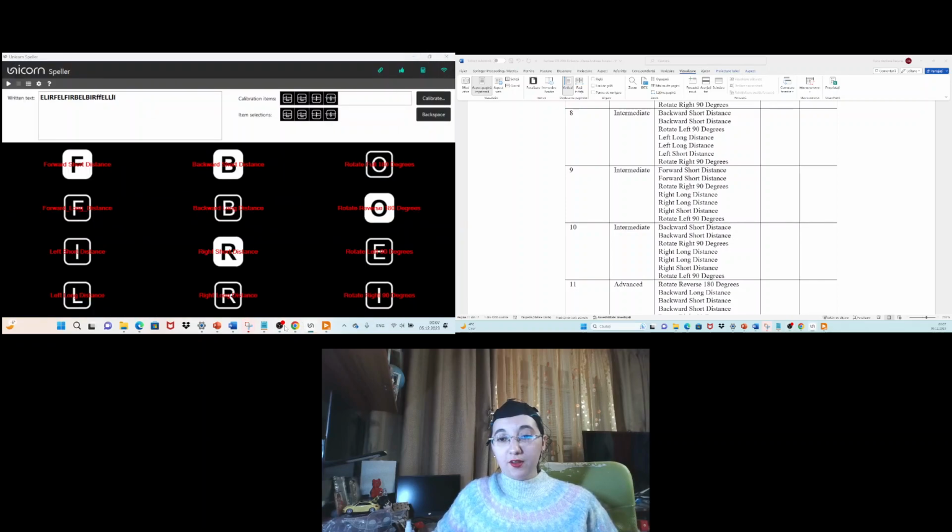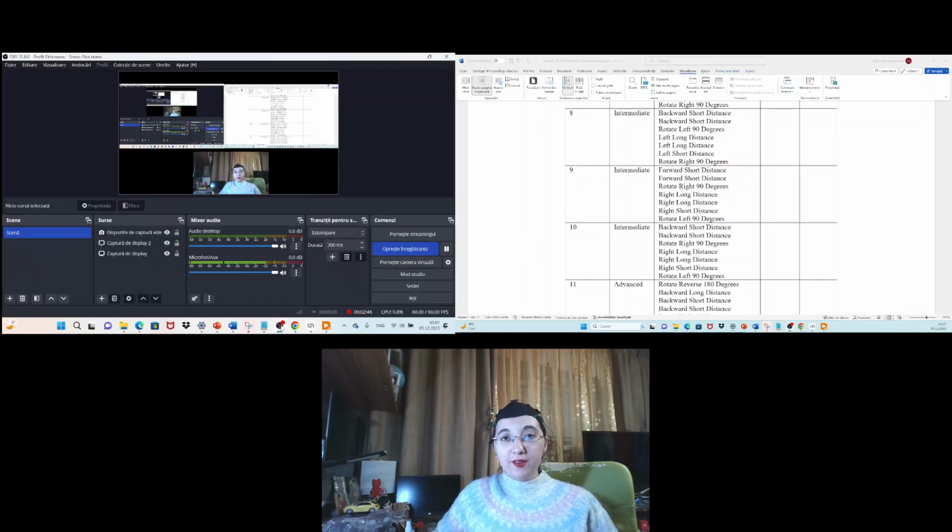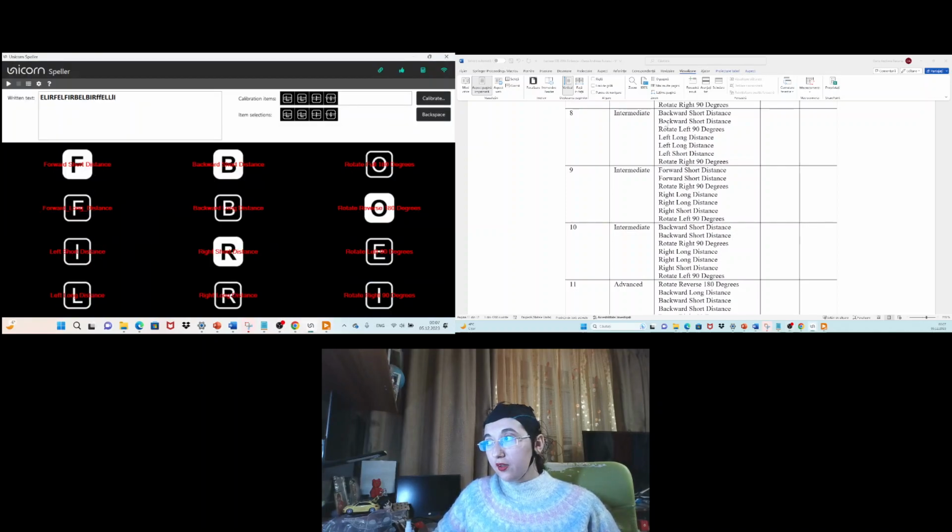Okay, so first of all, I will define my commands. As you can see here, the first command is backward short distance, then again backward short distance, then rotate left with 90 degrees, after that left long distance for 3 times, and finally rotate right with 90 degrees.